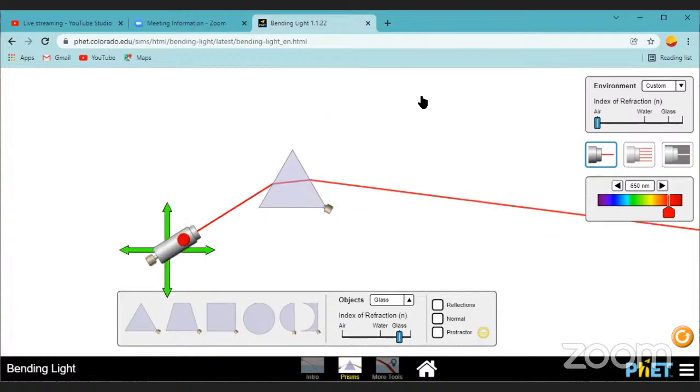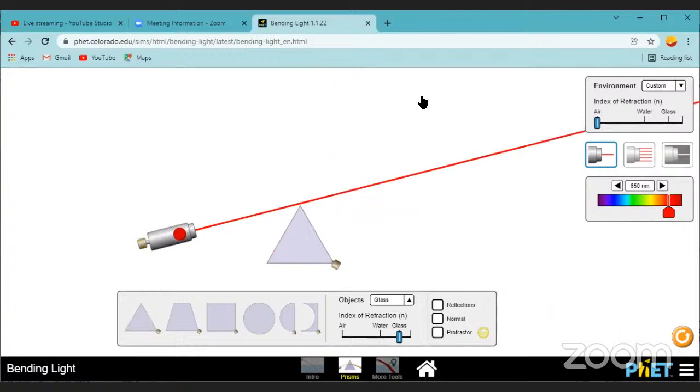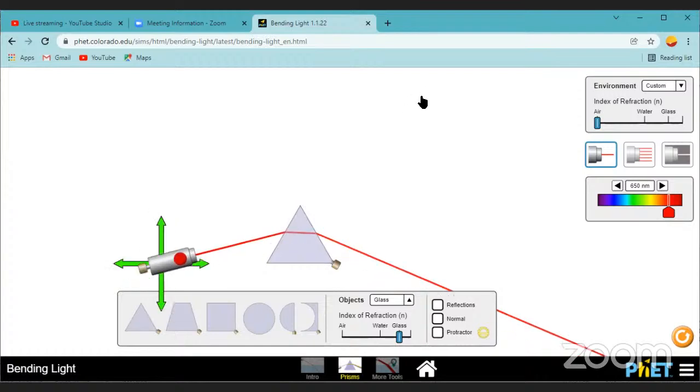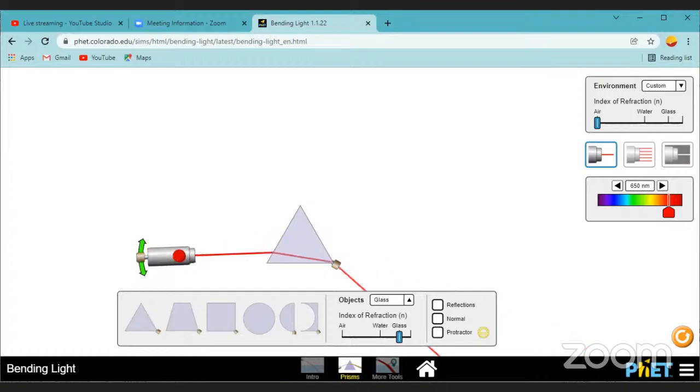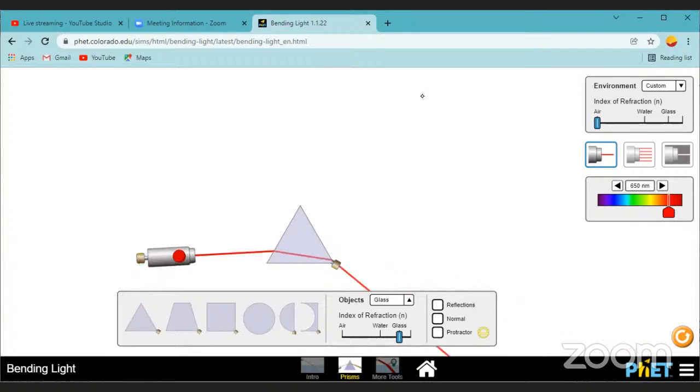I am increasing the incident angle, and what is happening to the refraction angle? It is increasing. Look at here. First it was here, right? If I increase the incident angle, the refraction angle also increases. Correct? What is the deviation angle? I will explain that also in the normal PPT. No worries.